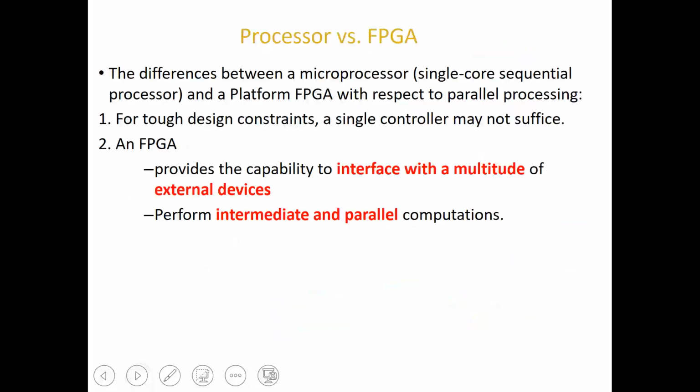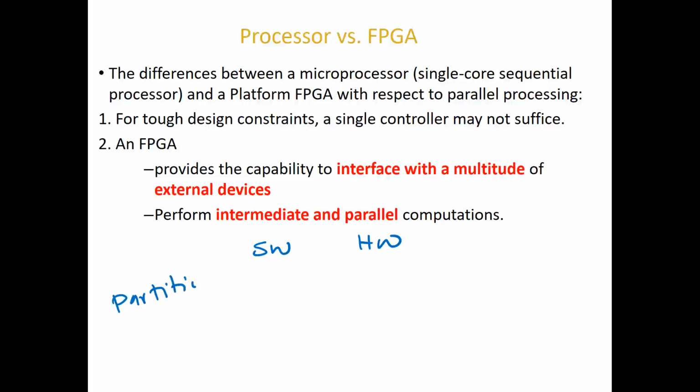There's a lot of discussion in your textbook about this being the grand question, the major point: should I have my design implemented in software or should I have it in hardware? And we try to answer some of this question when we discussed partitioning.